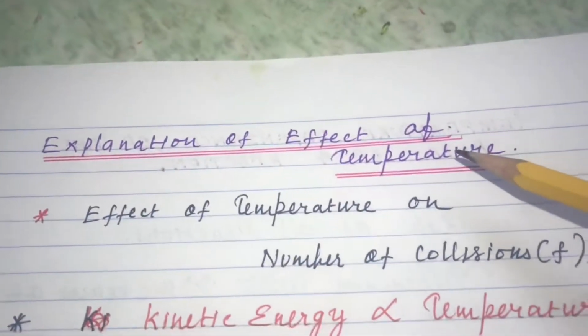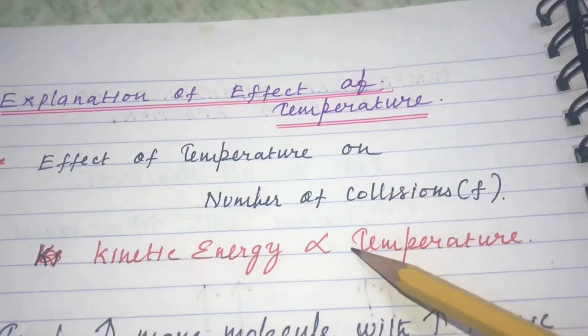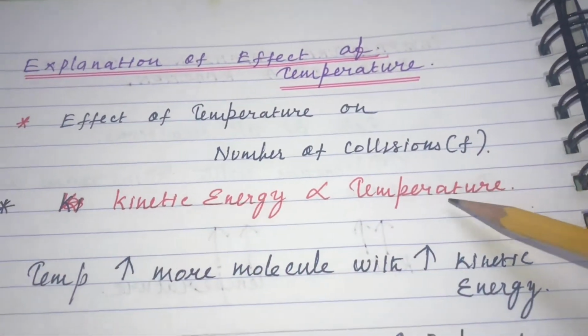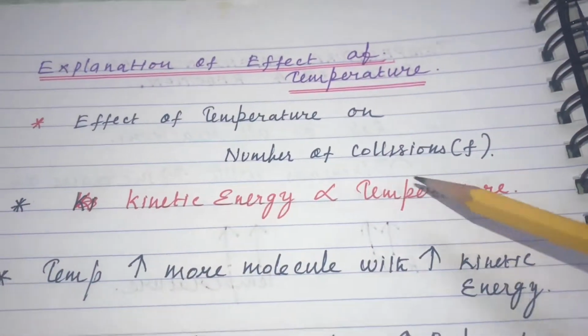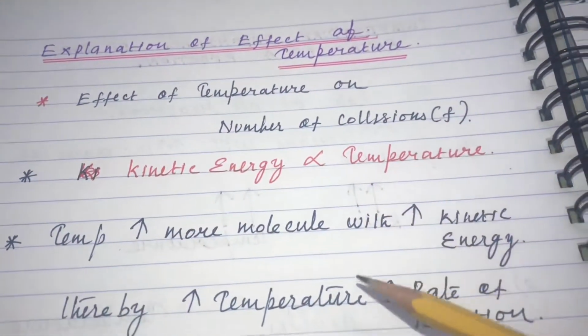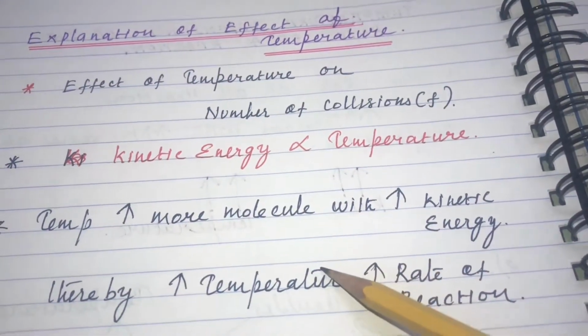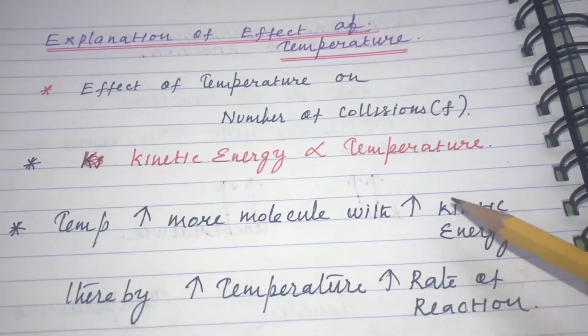The next explanation is the effect of temperature on the number of collisions. As the temperature increases, the kinetic energy of atoms and molecules automatically increases. The more the temperature increases, the more the number of molecules with high kinetic energy.